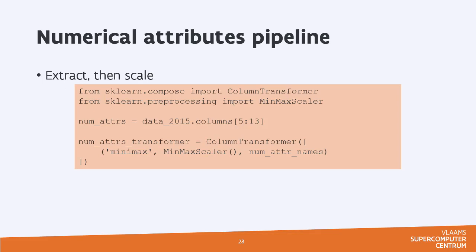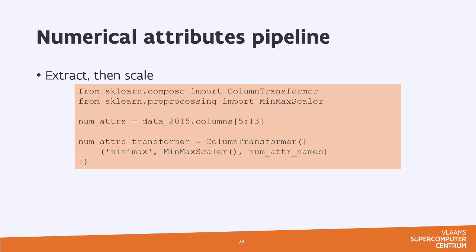So, the pipeline for the numerical attributes. The name of the package is scikit-learn, and it has quite a number of sub-modules. For instance, the compose module contains a column transformer. The preprocessing module contains a min-max scaler.